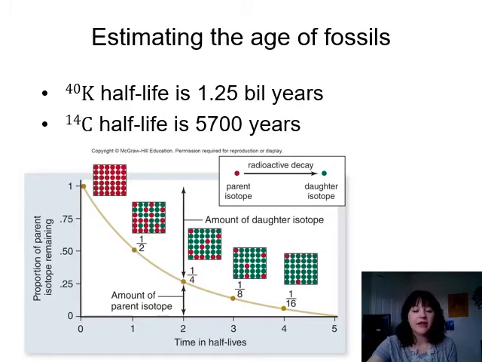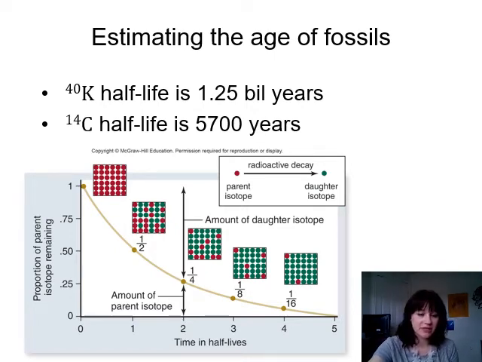For example, the half-life of carbon is 5,700 years. I'm thinking that's supposed to say 57,000 years. And for potassium it is 1.25 billion years. So if they're looking at something that they estimate to be super old, they might use potassium. If it's something like a fossil that they estimate to be a bit younger, they'll use carbon.